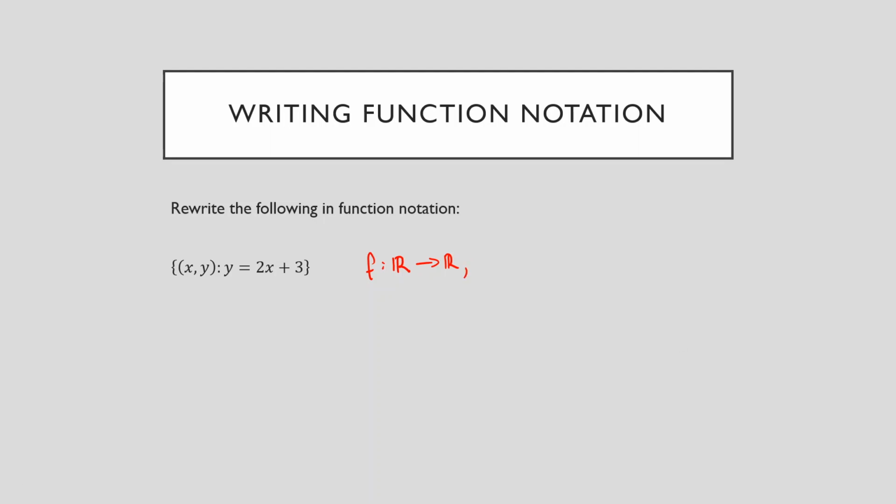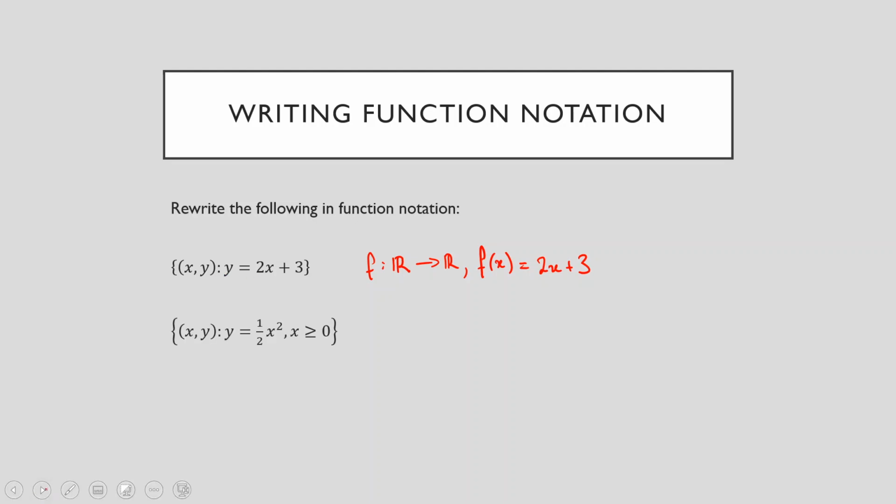What's our rule? Well, y equals 2x plus 3. Instead of y, we're going to write f of x, the name of our function, f, and then x in some brackets, equals 2x plus 3. That's it. We're done. That is writing this function in function notation.